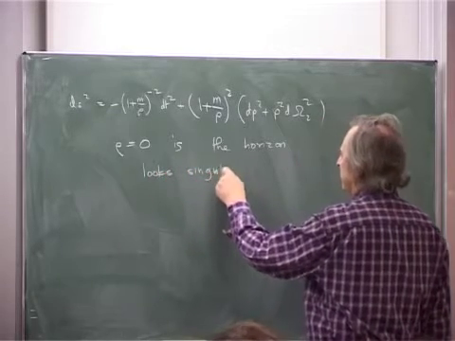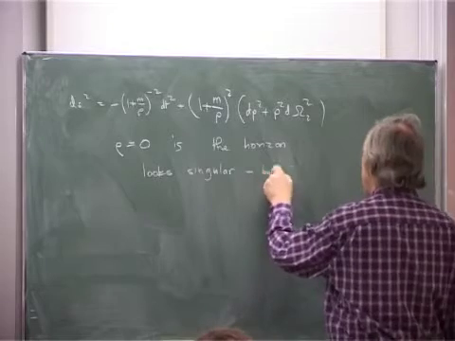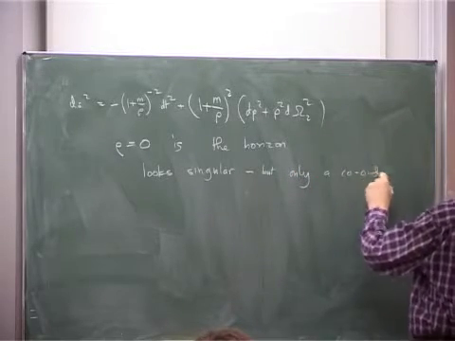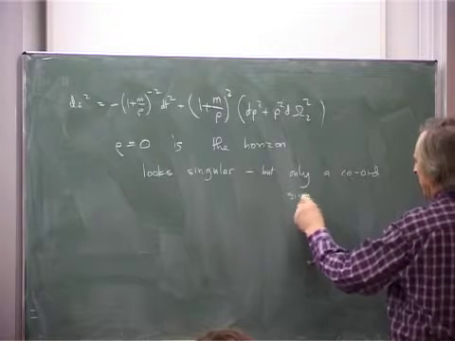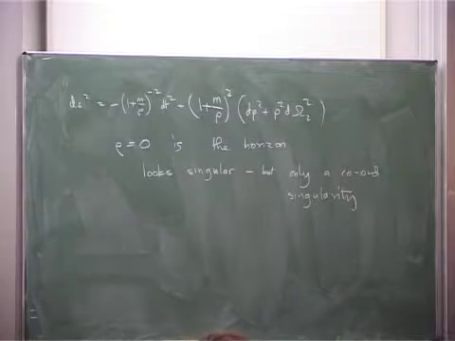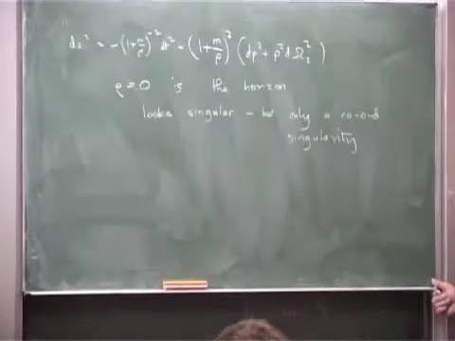But this is only a coordinate singularity. Still, rho equals 0 looks special, and we don't like that.